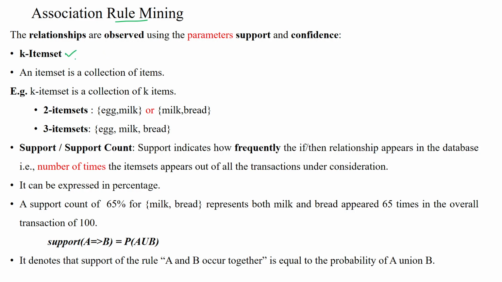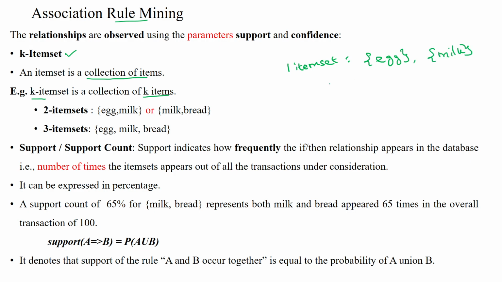First one is the k item set. The item set is called a collection of items. Here k item set, in the sense, will have k number of items. For example, one item set will have only a single item. So egg is one item set and milk is one item set.